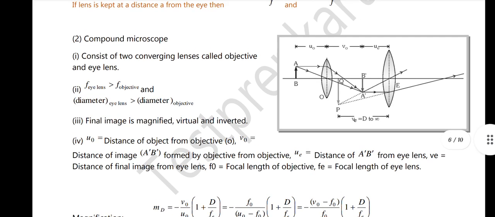Here you can see where u naught is. u naught is the distance from the object to the first lens, V naught is the distance between the first lens and the point where the two lines collide, and u_E is the distance from that point to the second lens.